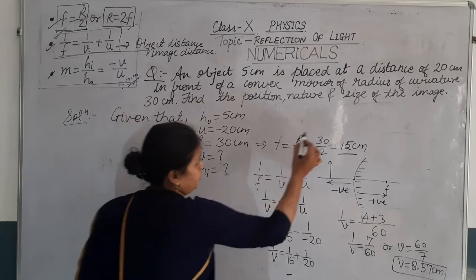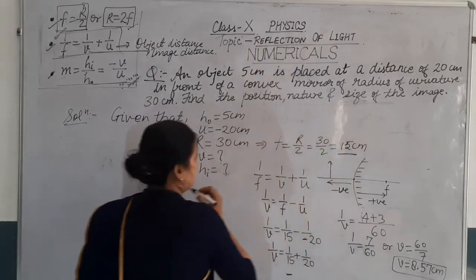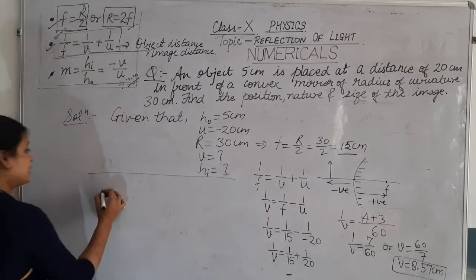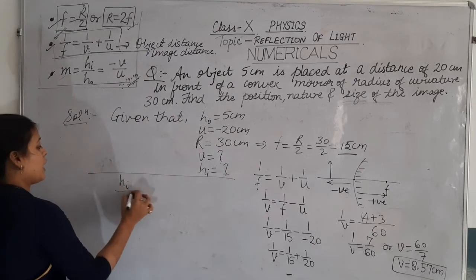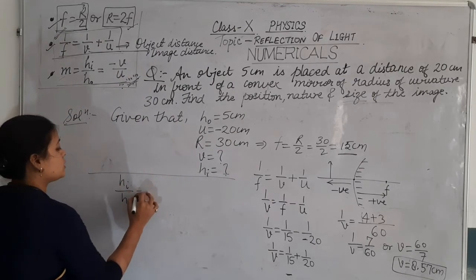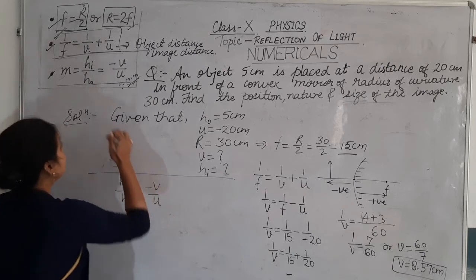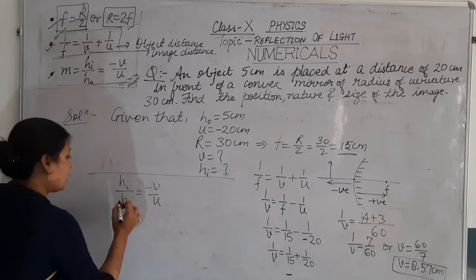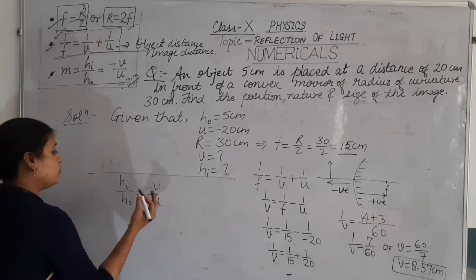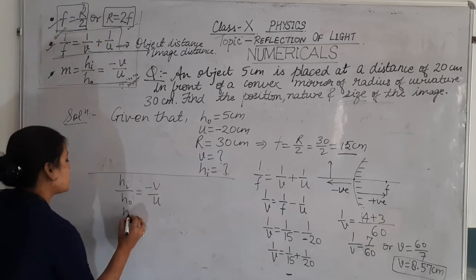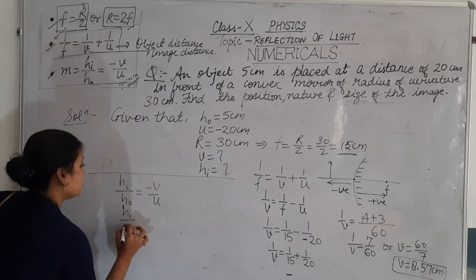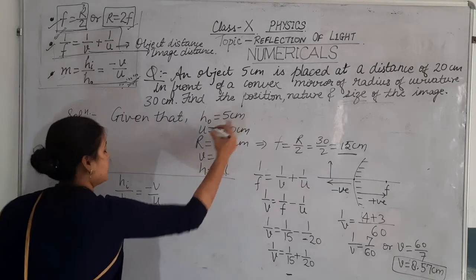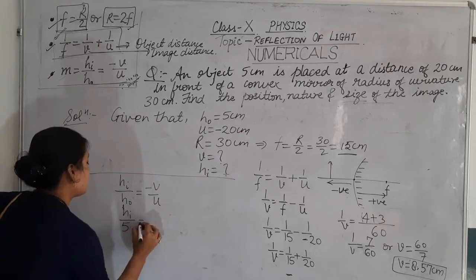Now next thing we have to find out is the size. For finding out the size, we can just use the same relation, ratio of height of image upon height of object is equal to minus V upon U, as it is written in the upside. Again, just putting the values with the sign convention. HI upon HO. HO is given here 5 centimeter. We will write 5.